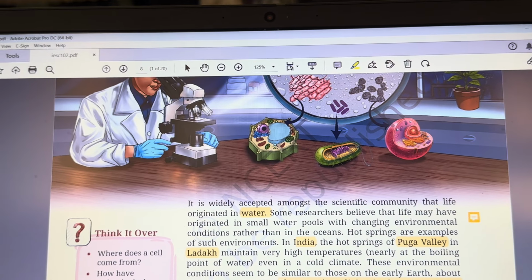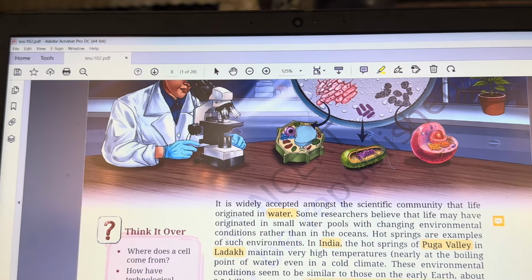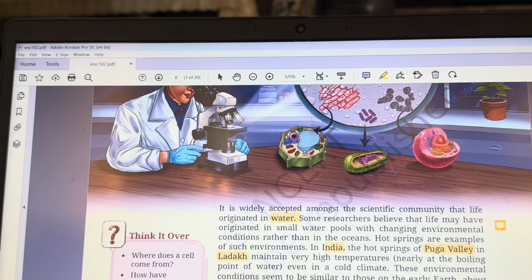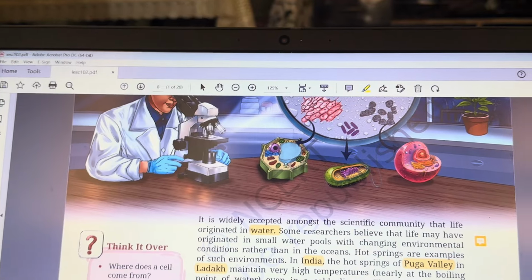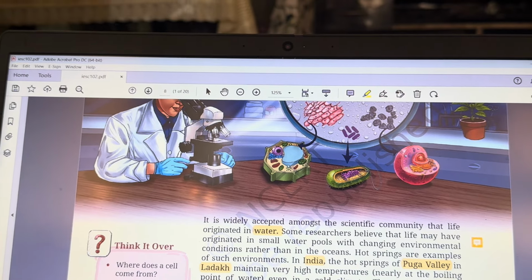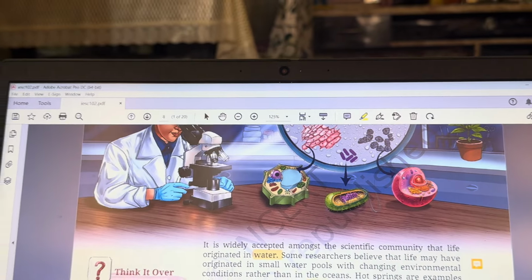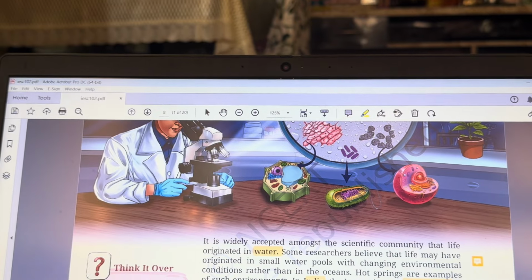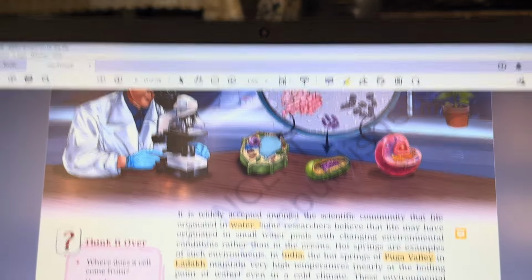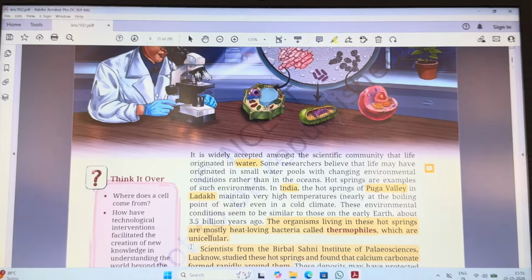They are called thermophiles. From the word itself we can understand: thermo means hot, and philes means loving. So, thermophiles, which are unicellular. In this whole statement we can get three questions. What are the organisms? Are they bacteria, fungus? It's bacteria. What are they? They are thermophiles. And are they unicellular or multicellular? They are unicellular.